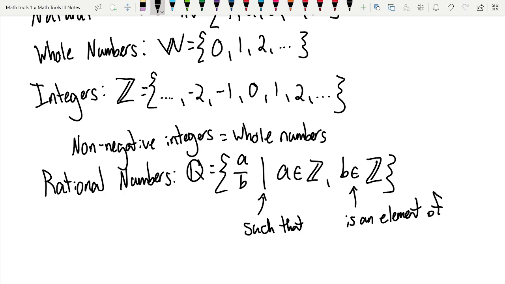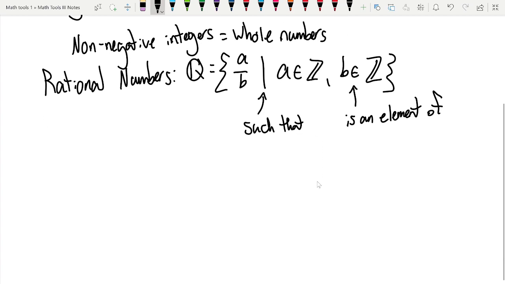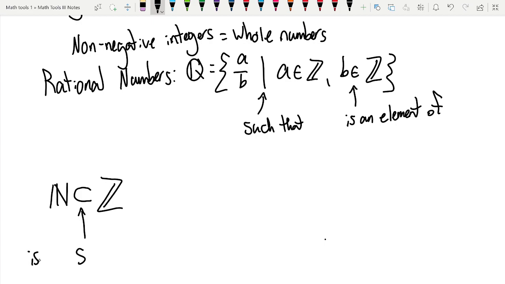Note that B could be 1, so therefore all of the integers themselves are included in this. So far, we would say that the natural numbers are part of the integers. That's what this means here. This means is a subset of.